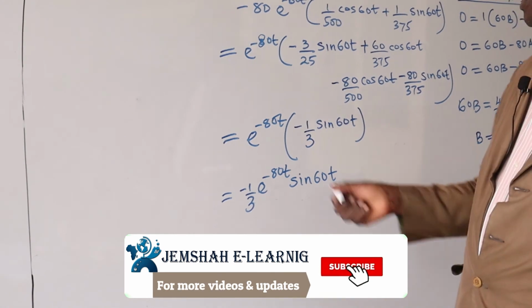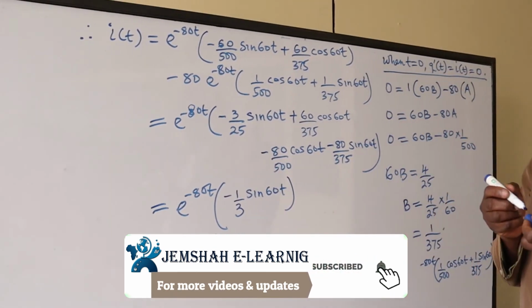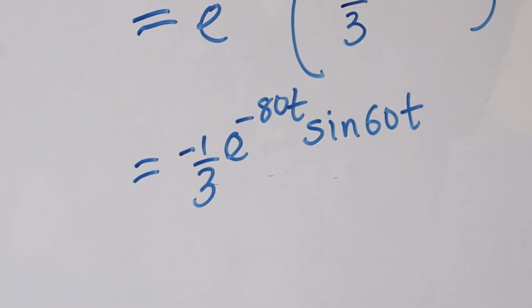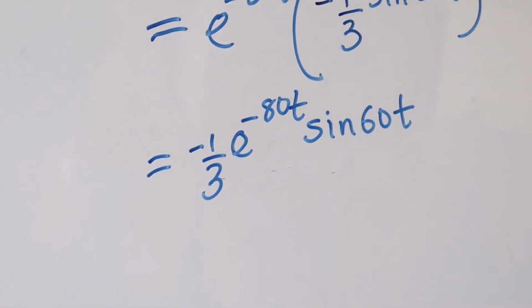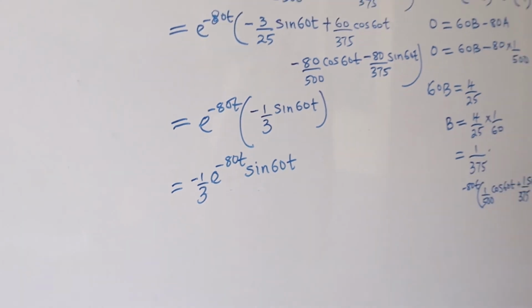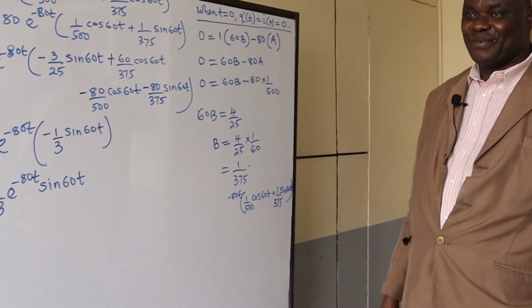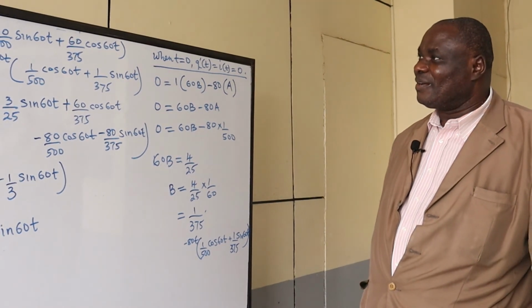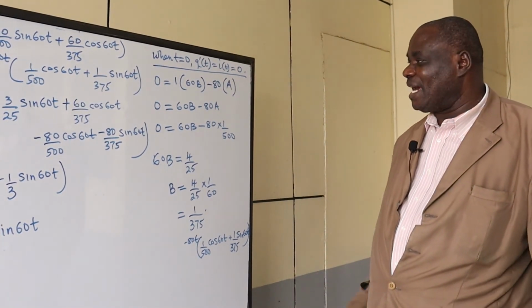And this is the expression for current as a function of t. So we've answered that question fully. We've gotten the charge. We've gotten the current flowing in that circuit when the switch is closed at time t equal to 0.